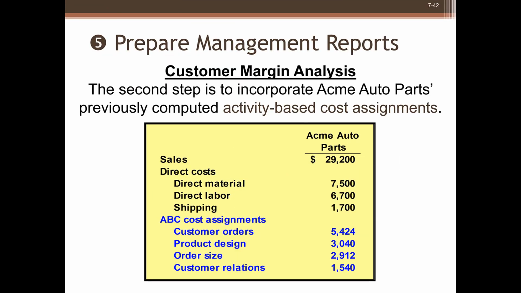The second step is to incorporate Acme Auto Parts activity-based cost assignment, which we've already calculated. So on top of direct costs, we have cost assignments using ABC from customer orders, product design, order size, and customer relations.